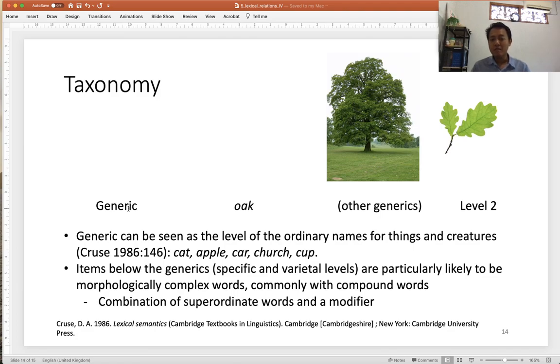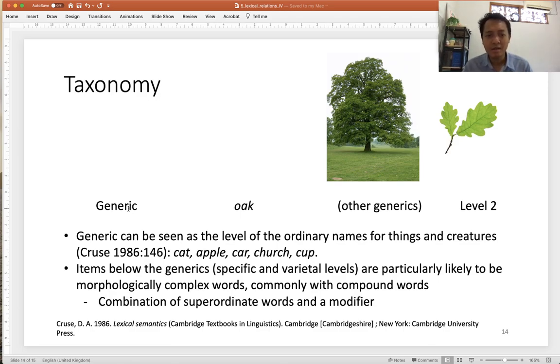So these are the ordinary names for things and creatures, and below it you may have specific types of these things. Such as car, you may have more specific types of cars below the generic level of just car. You can have sports car, limousine, what else?